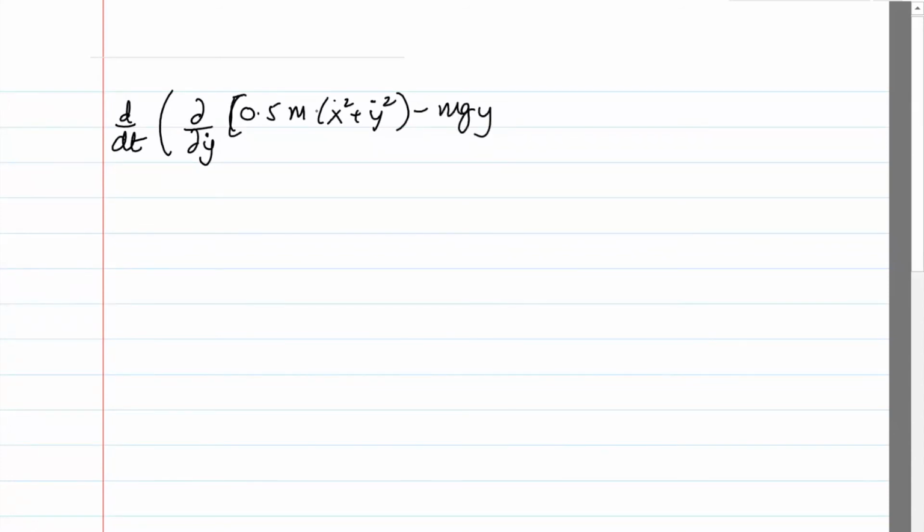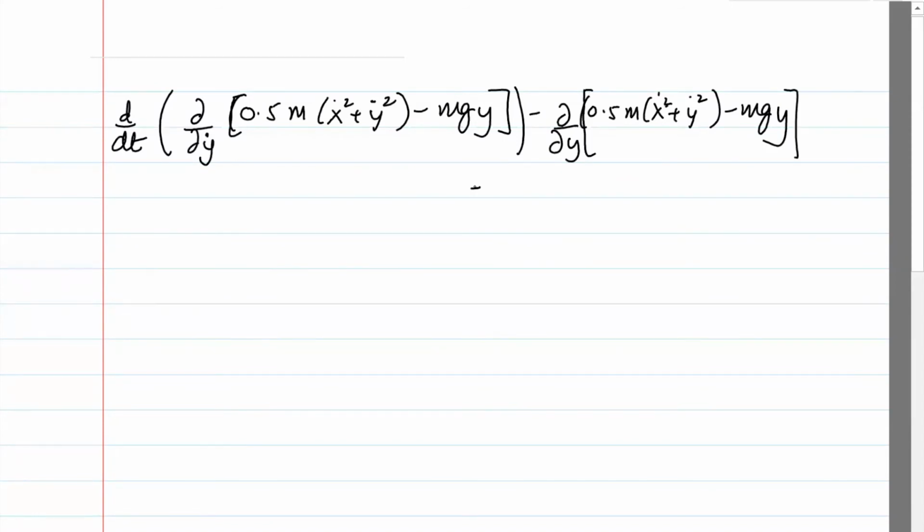So d/dt of ∂/∂ẏ, what I need to put here is the Lagrangian, which is 0.5 m (ẋ² + ẏ²) minus mgy, minus ∂/∂y of 0.5 m (ẋ² + ẏ²) minus mgy, equals the force in the y direction, which is minus c ẏ √(ẋ² + ẏ²).